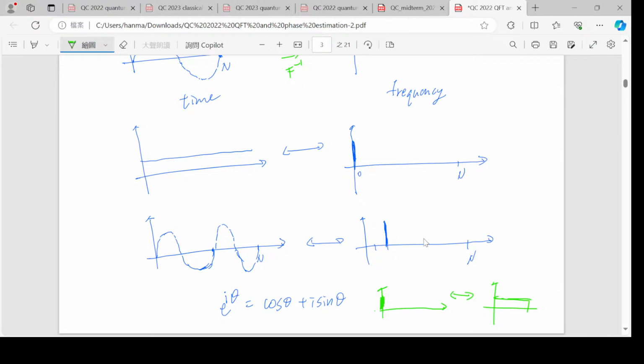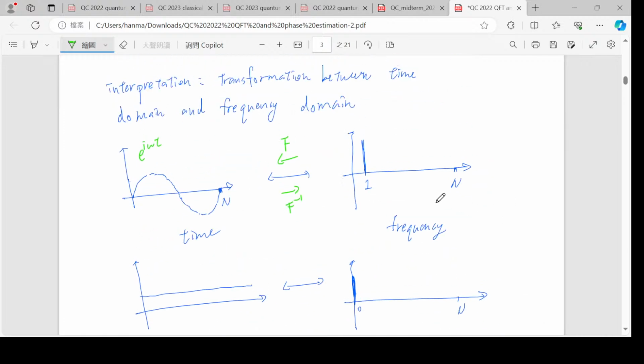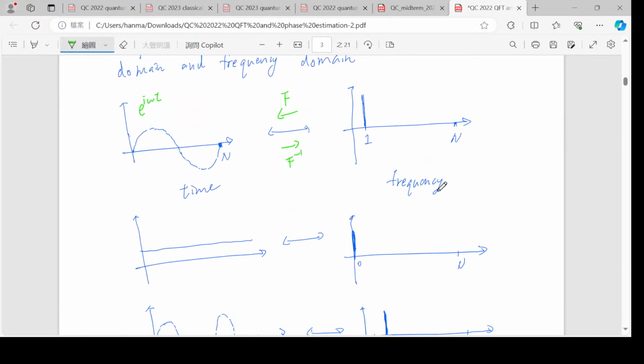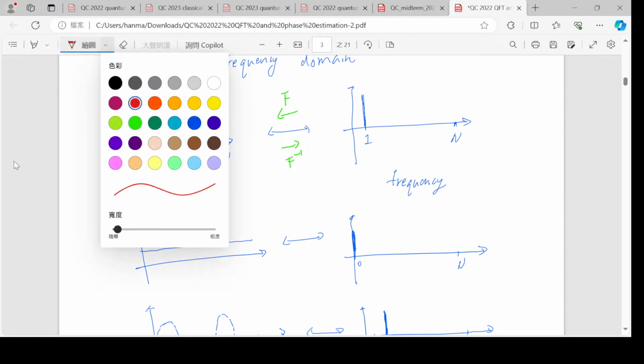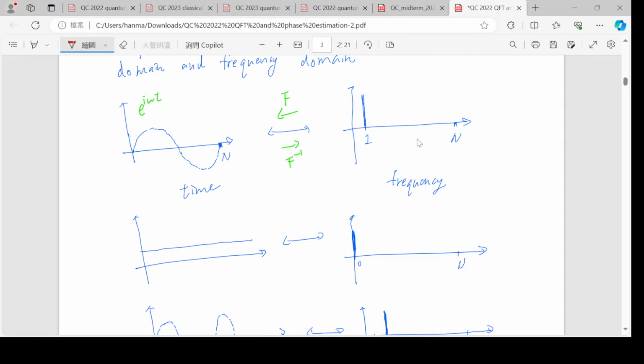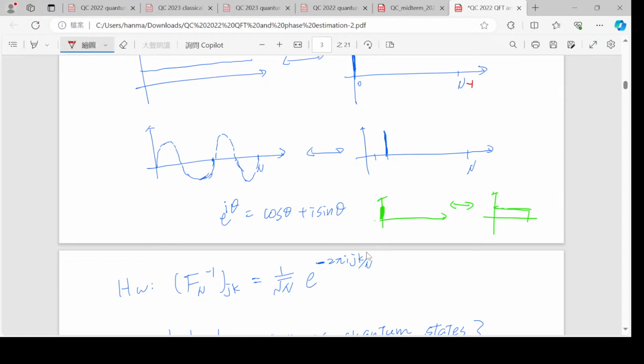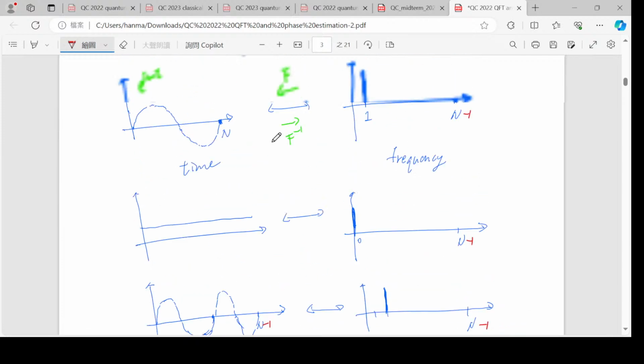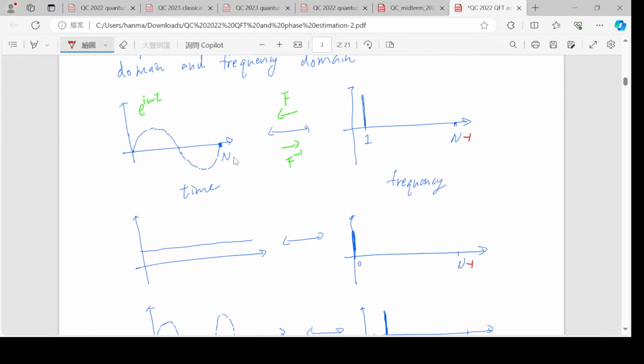And it should not be 0 to n, it should be 0 to n minus 1, because we only have n things.